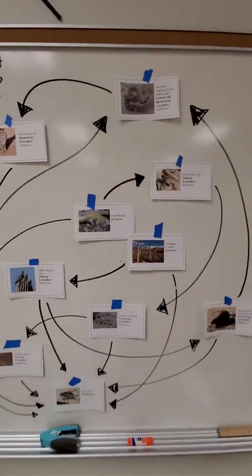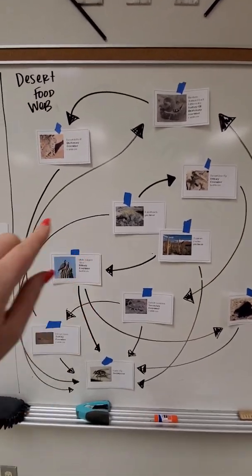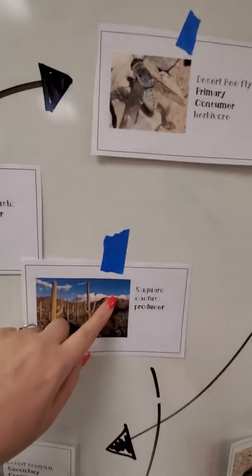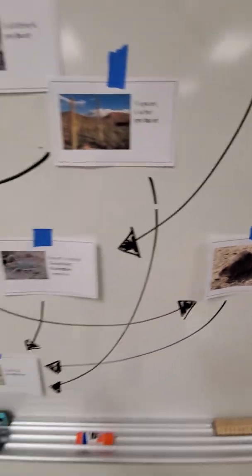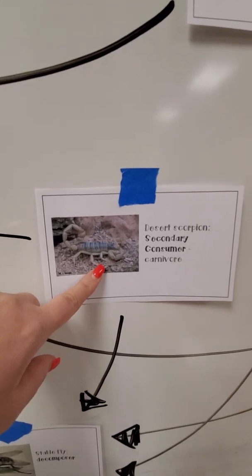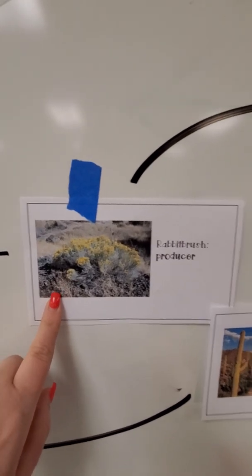Then I took my original 5, right? My original 5 organisms, and I put them here, right? So here's my bobcat, here's my saguaro cactus, here's my Norway rat, right? So I have my originals, and then I added in some others. I added in a desert scorpion, right? I added in a desert shrew. I added in another producer, rabbit brush.